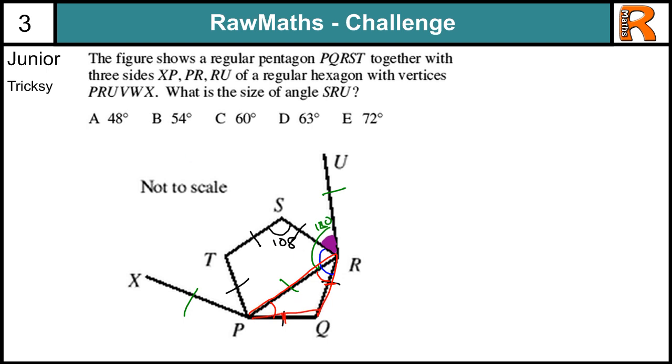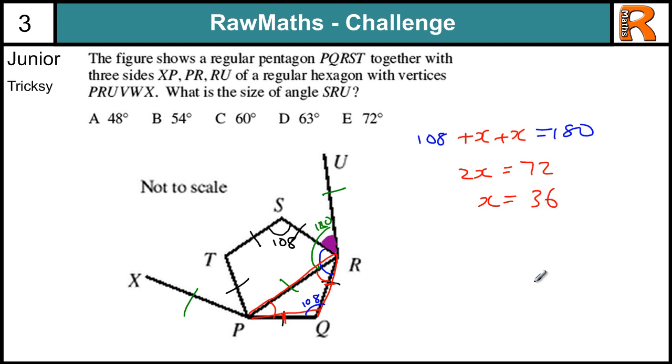And we know that this bit is 108, so we've got 108 plus the red bit, I'm going to call that x, and x equals 180, so 2 lots of the red bit is equal to 72, so one red angle is 36.